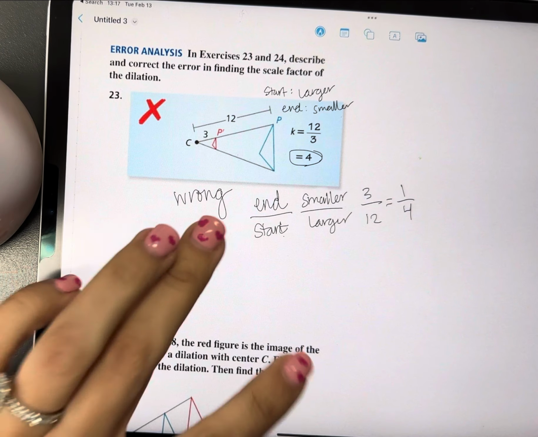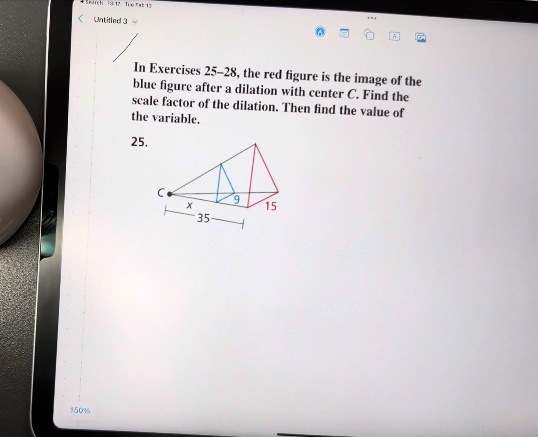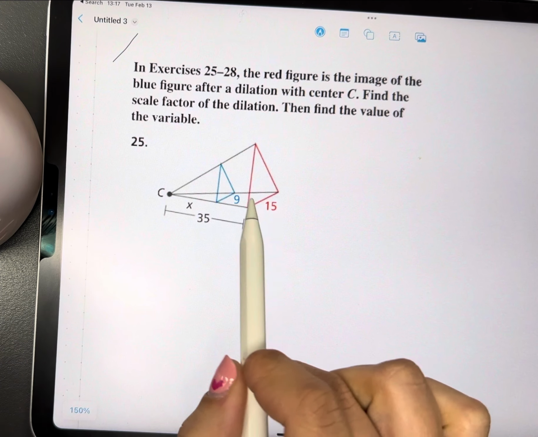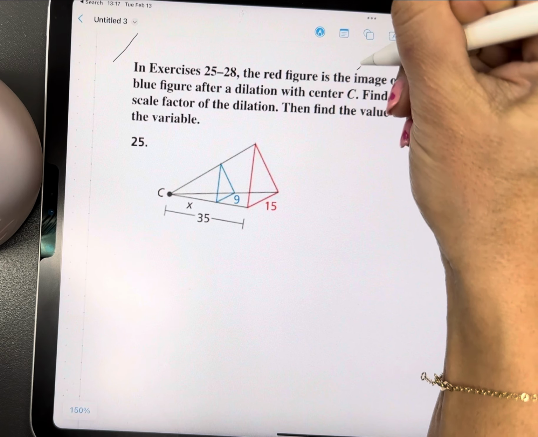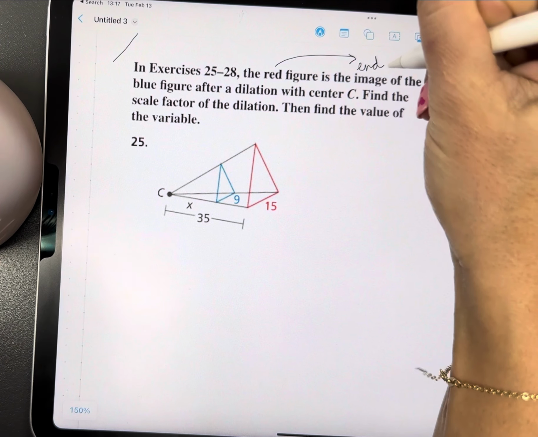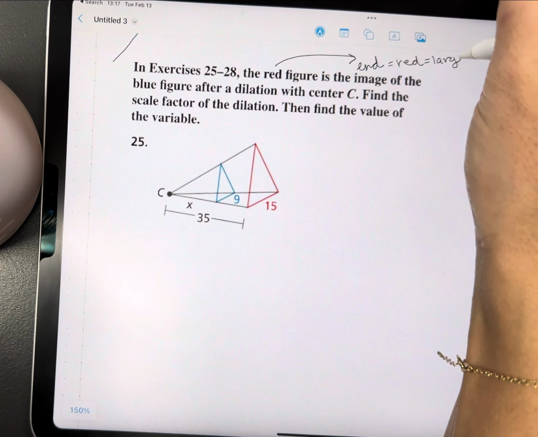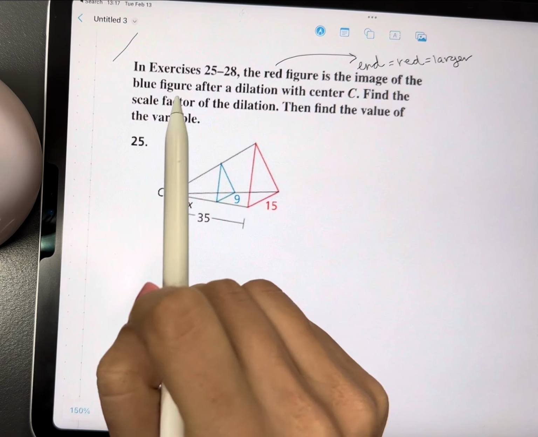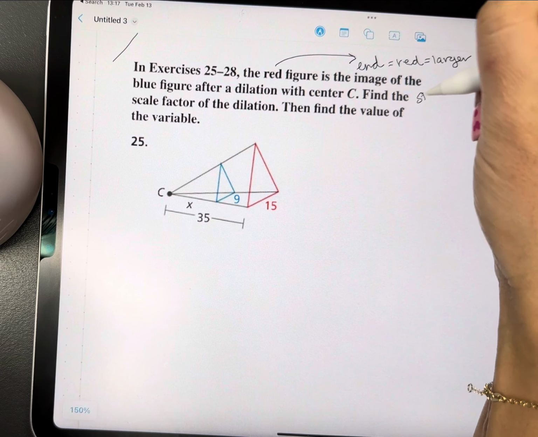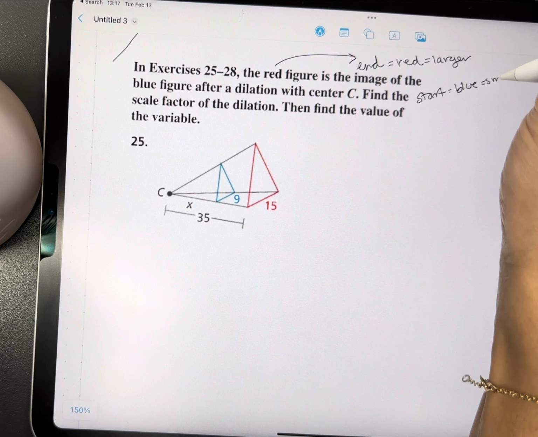Okay. And then for 25, the red is the image, which means this is our end. Red is end, which is larger, of the blue figure. So our start is blue, which is smaller.